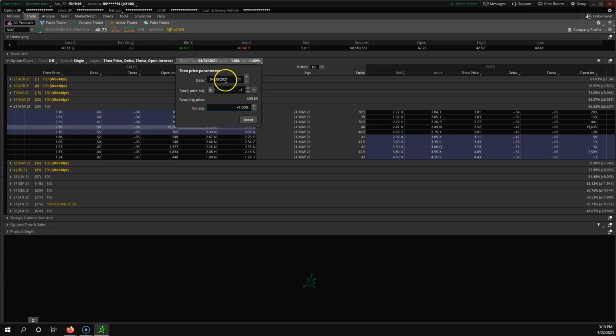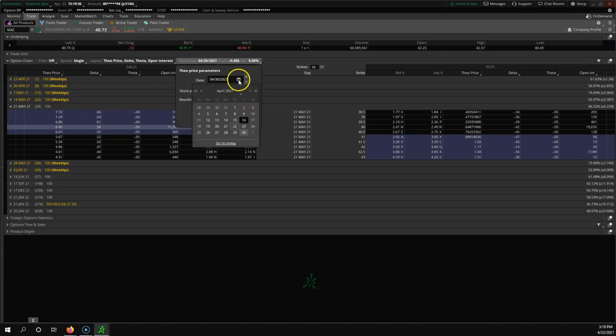Now, let's reset this, and let's say by next Friday the stock moves $5 higher. Well, we know what we paid $2.30 for is now going to be worth about $4.95. So this is a really, really good tool to understand and manipulate option pricing to what you want.